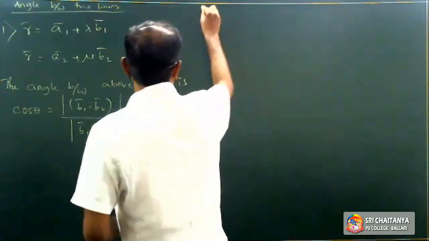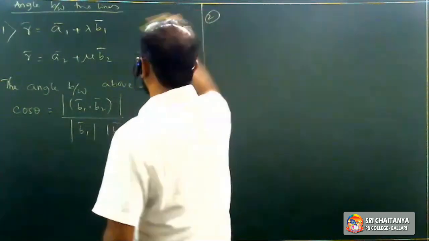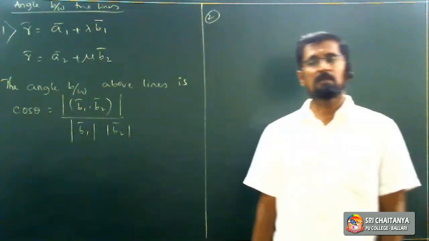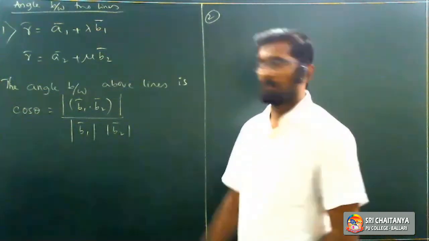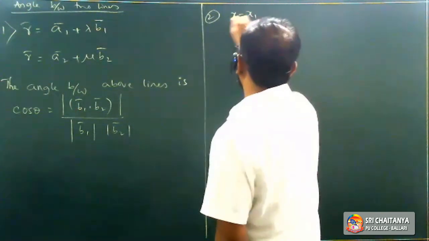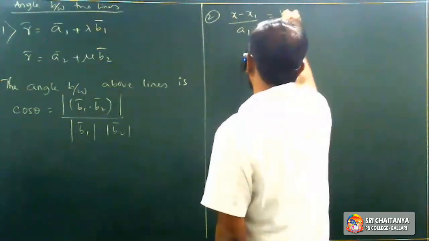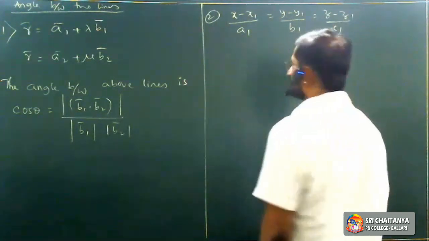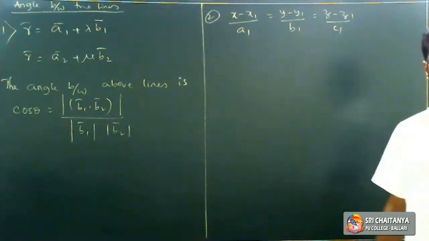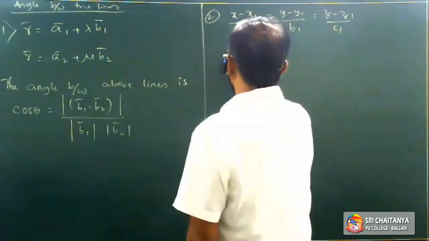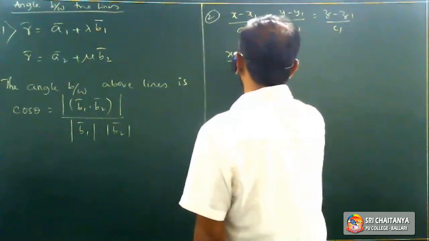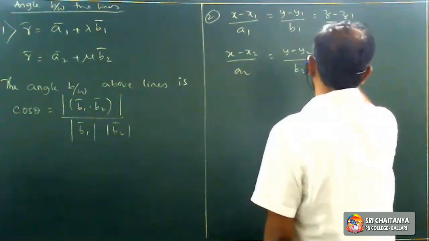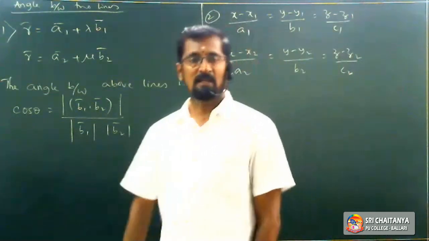And the second point: suppose this is the vector form given to you. What is the second point? If the Cartesian form of lines has been given to you, what to do? x minus x1 by a1 is equal to y minus y1 by b1 is equal to z minus z1 by c1 is one line, and x minus x2 by a2 is equal to y minus y2 by b2 is equal to z minus z2 by c2 is the second line.